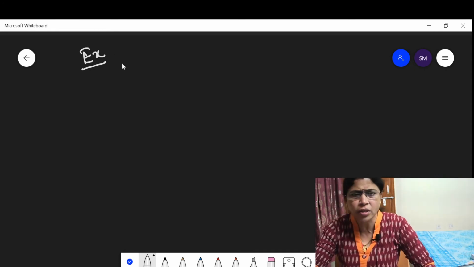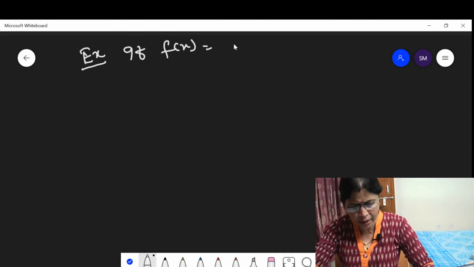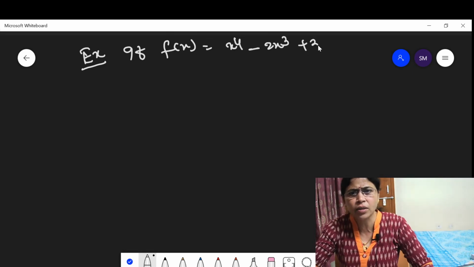Here the condition says that f(x) is x fourth minus 2x cube plus 3x square minus ax plus b.